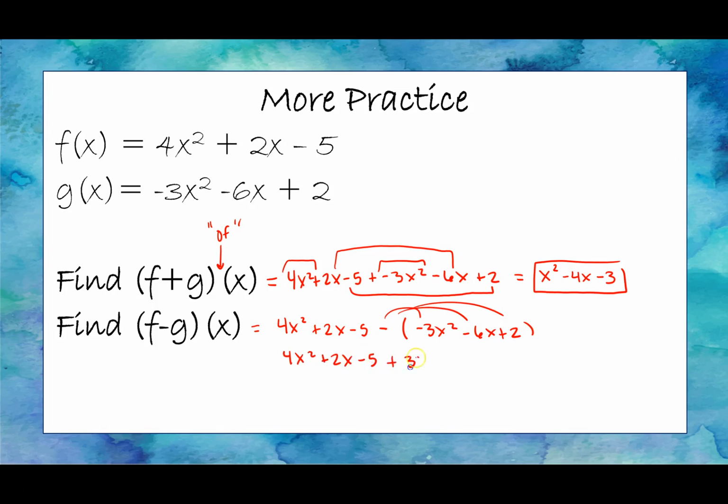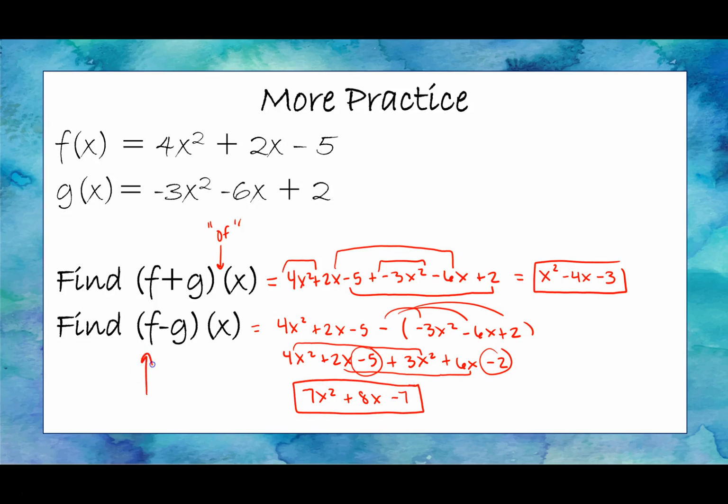It's going to be a positive 3x squared, a positive 6x, now a negative 2. Combining our like terms, that gives us a 7x squared. A 2x and a 6x gives me an 8x. And a minus 5 and a minus 2 gives me a negative 7. Now, folks, we have been doing this mainly with f first and then g, but just keep in mind that it's no problem if we switch those two letters.